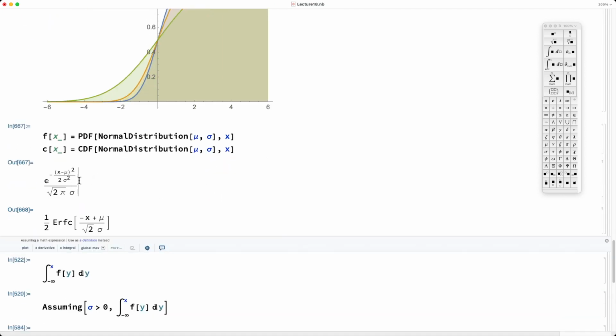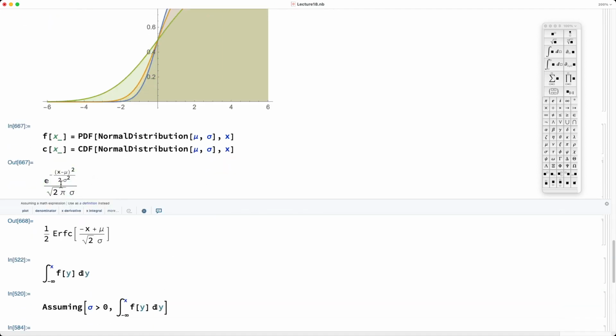So here we get explicitly the formula for the Gauss distribution that we know from textbooks. And here we get the CDF. Now, a lot of textbooks say that you cannot get the CDF explicitly or analytically for the Gauss distribution. This is not quite true.